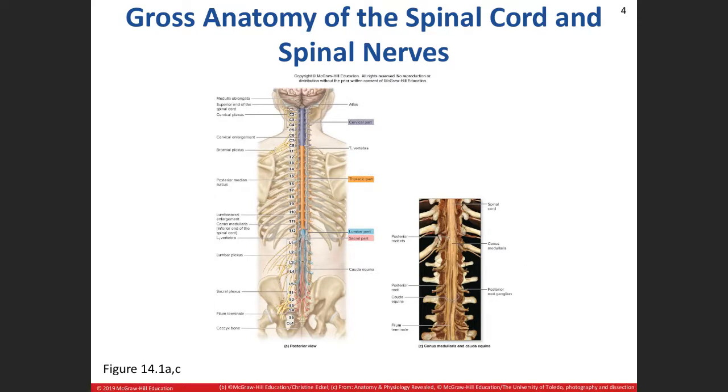So when they want to give you an epidural, what they'll do is palpate your iliac crests here, and that's going to be found around between L4 and L5. Then usually they'll insert the needle right in this area here, because if you insert it higher, you could pierce the spinal cord, and that's a whole mess of problems.